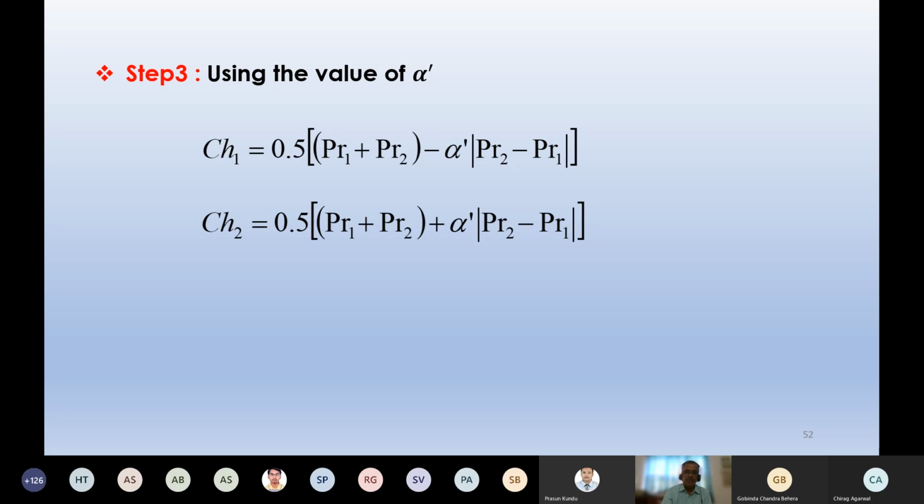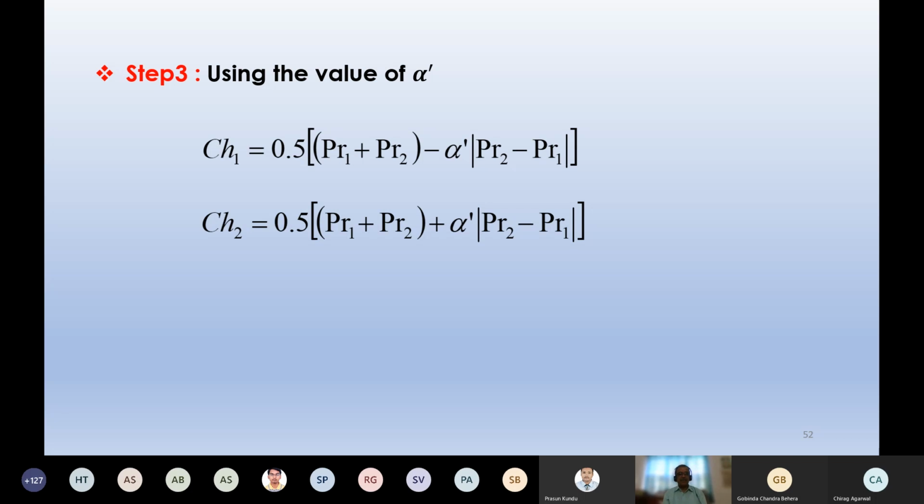We know the numerical value of PR2 and PR1 and their difference, but we do not yet know the difference between the two children. So indirectly, we find the difference between the two children by following an indirect method. And 50% of this difference, we subtract for getting child 1 and we add for getting child 2.